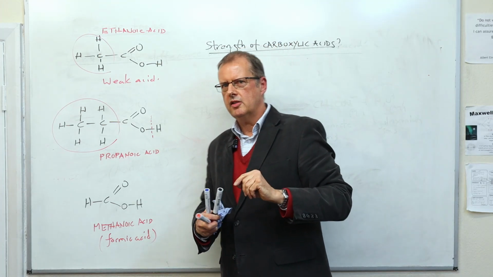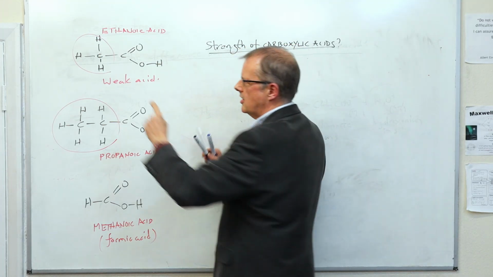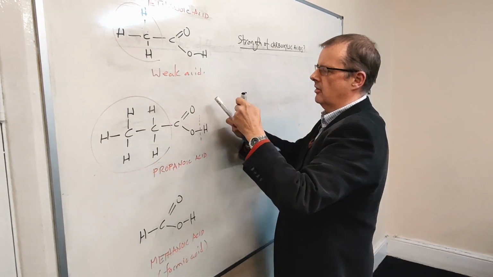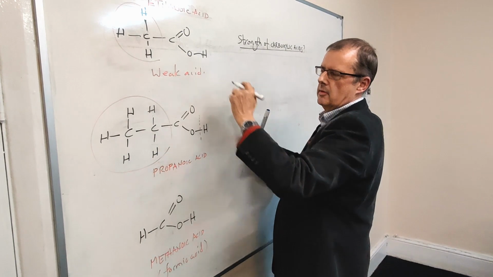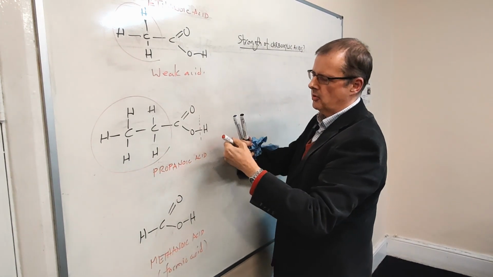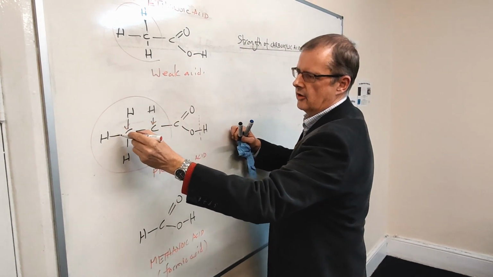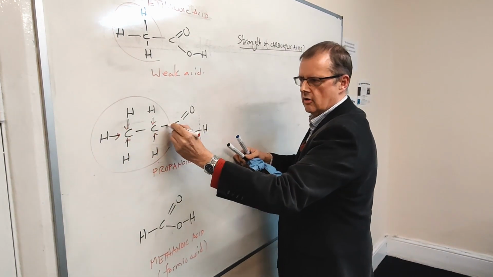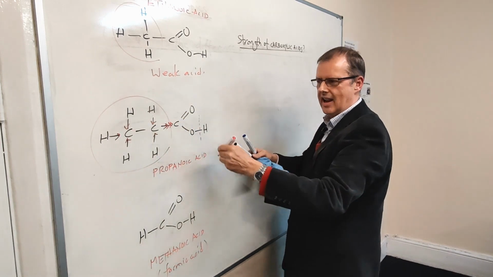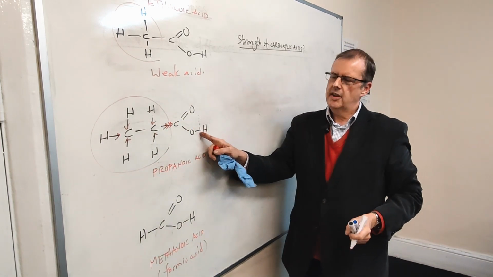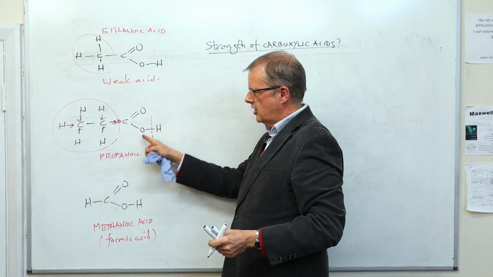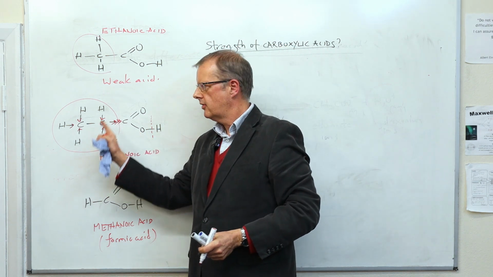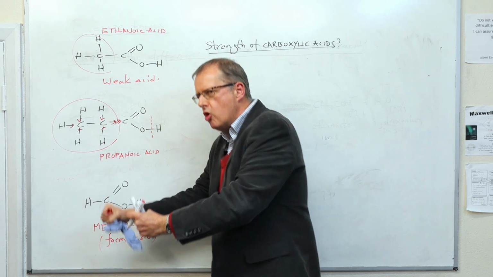You recall a couple of minutes ago we were talking about the positive inductive effect, that hydrogens tend to push electrons towards this end of the molecule. Well, in this example I've now got 5 hydrogens in the ethyl group, all pushing electrons down towards the right-hand side. This bond is under stress because of electronegative oxygen around it, but it's also having a counter effect from the 5 hydrogens, which are pushing the other way.